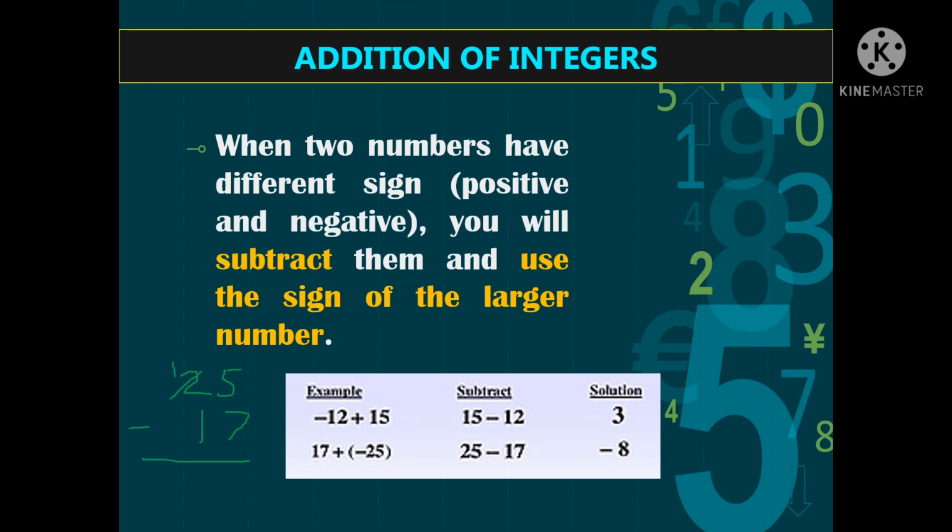So 15 minus 7 is 8. Excuse me for my writing. So 1 minus 1 is 0, so we will not put it anymore. So 8, and we will use the sign of the larger number. So the larger number is 25. Its sign is negative, so we get negative 8 as the answer.